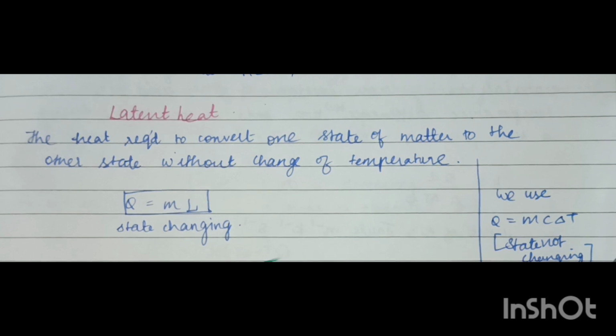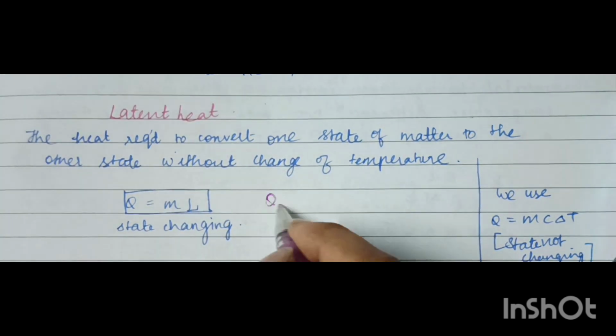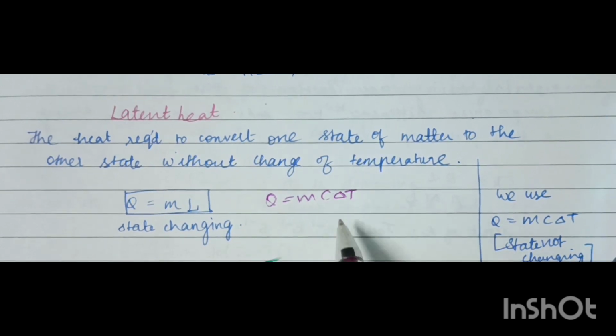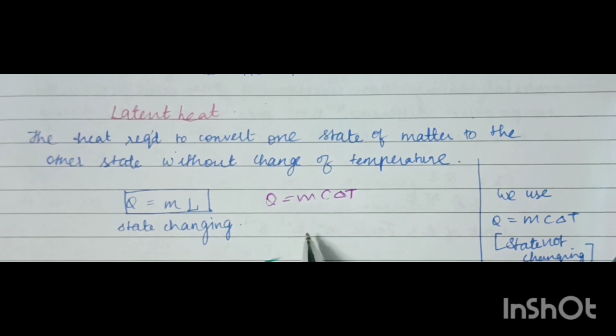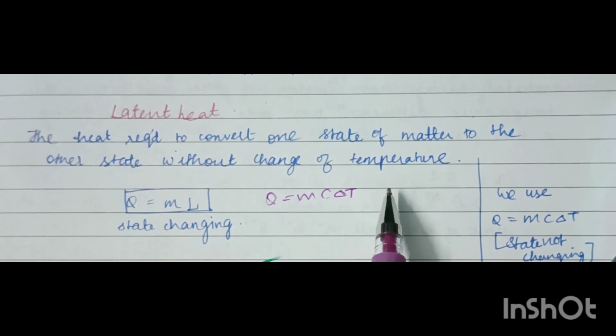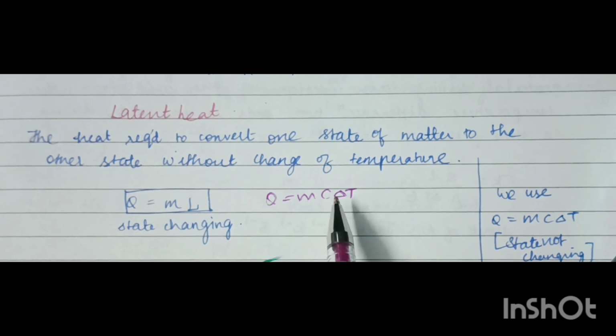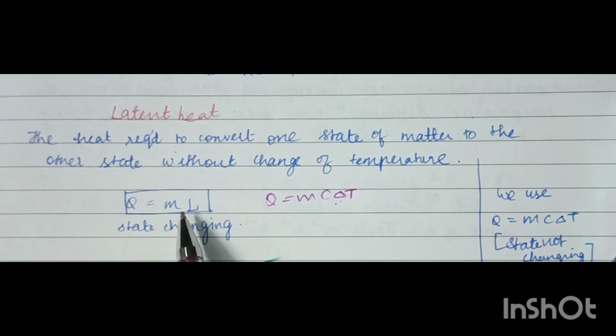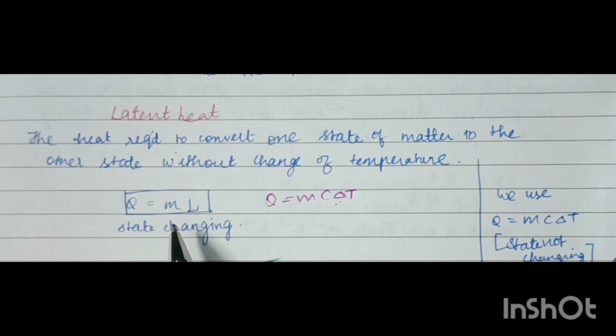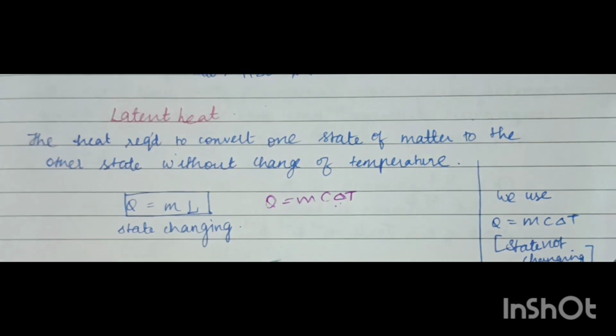If the temperature of water is changing from 0 degrees Celsius to 10 degrees Celsius, and that is in water state only, then we can use the formula Q equals MC delta T, because here there is no change of state but there is a change in temperature. And Q equals ML we use when there is a state change but no temperature change. Please note the difference between these two formulas.